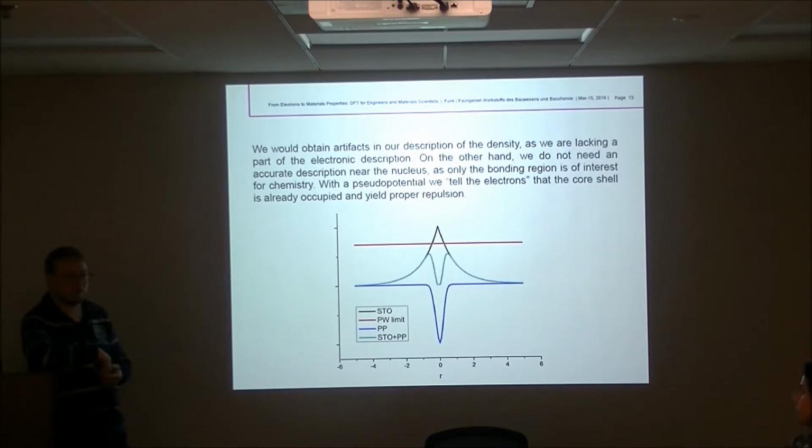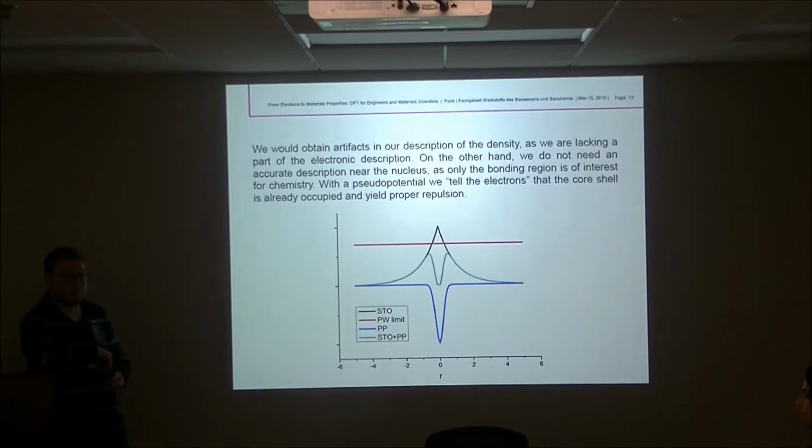Yes, all the plane waves which yield a kinetic energy for the electrons which is below 20 Hartree are then taken for each atom, right? Well, they're not really centered, but you just take them for all the atoms. So in principle, you have a degeneracy with the number of atoms.